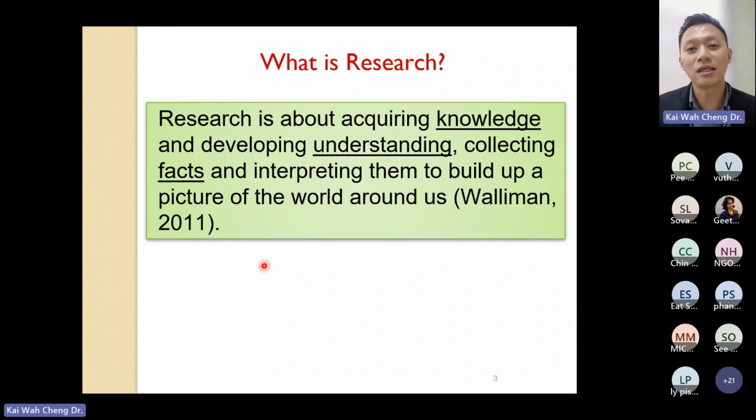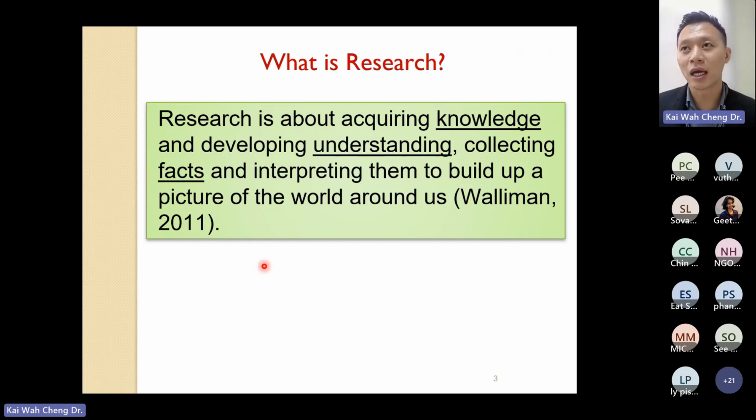What is research? Normally, whenever we want to conduct a research, it is because we want to solve certain issues in our daily life. If there is no issue for you to solve, I think this is not a research, because the main purpose for us to conduct a research is to solve certain issues in life.